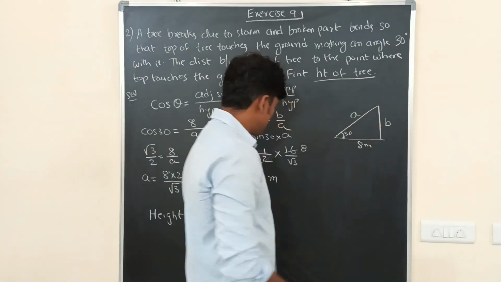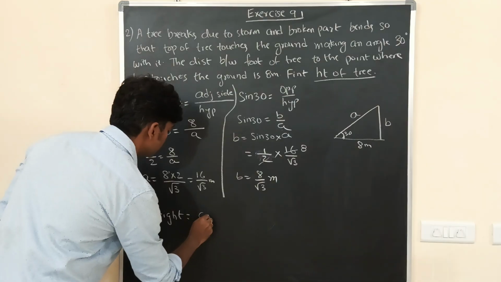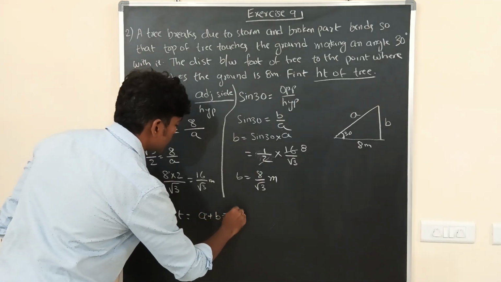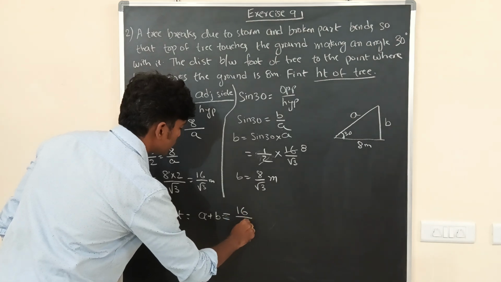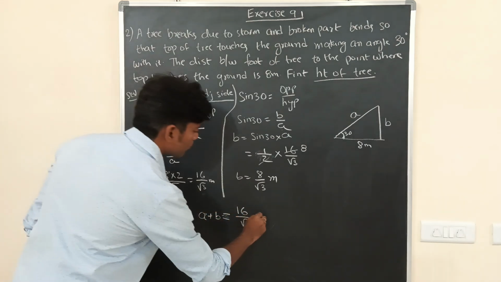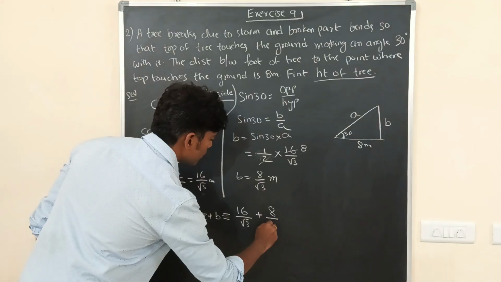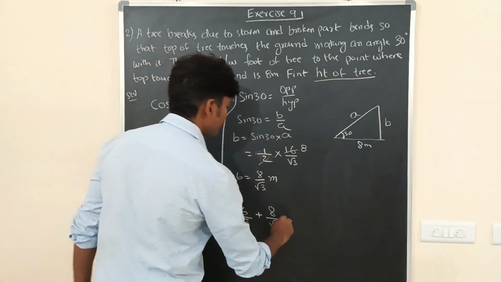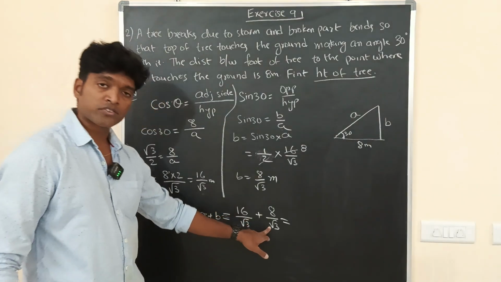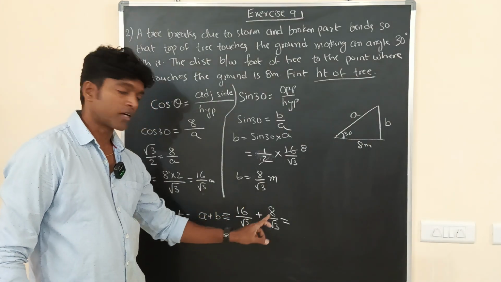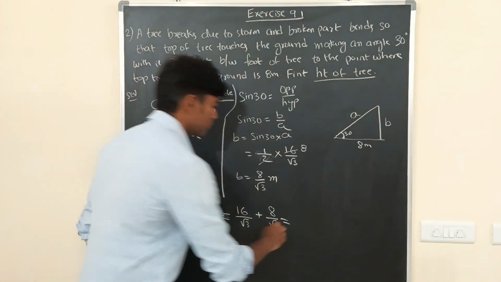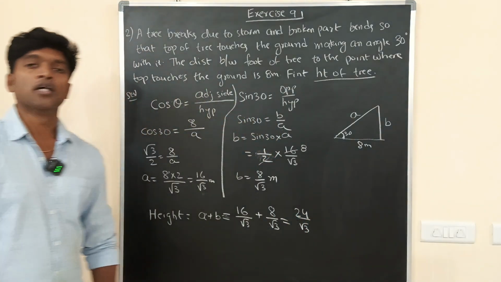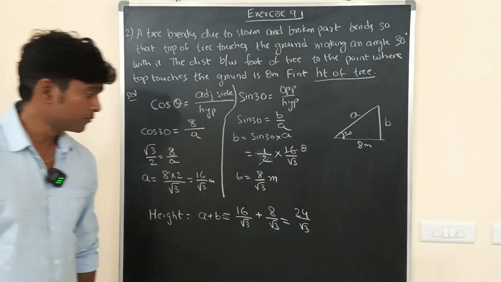So total height is equal to A plus B. That is 16 by root 3, A is 16 by root 3, plus B is 8 by root 3. Root 3 is the same in both, so we can add the numerators directly. So 16 plus 8, 24 by root 3.